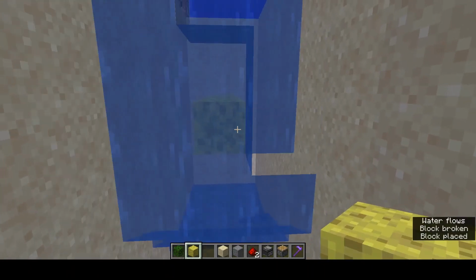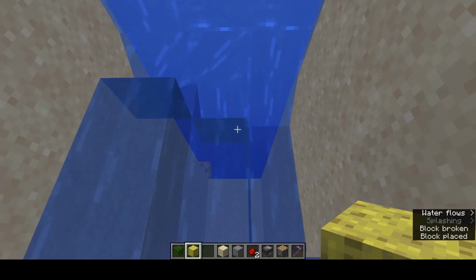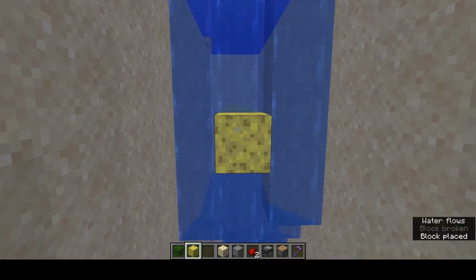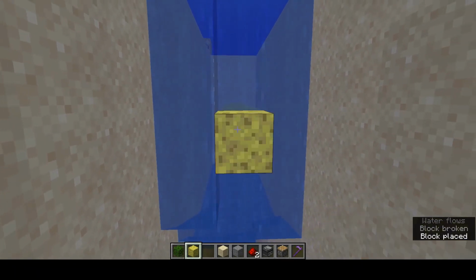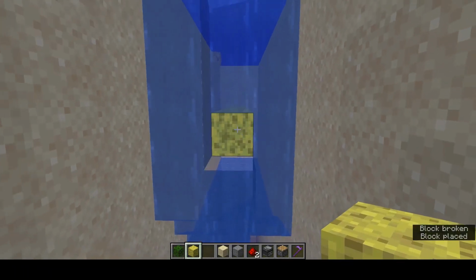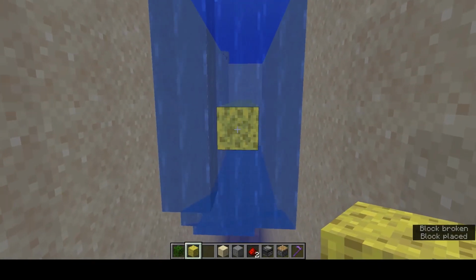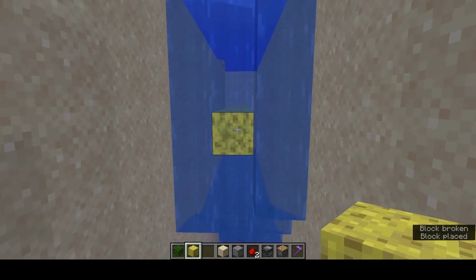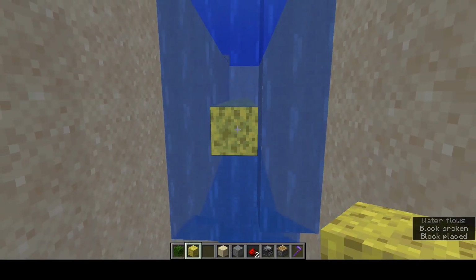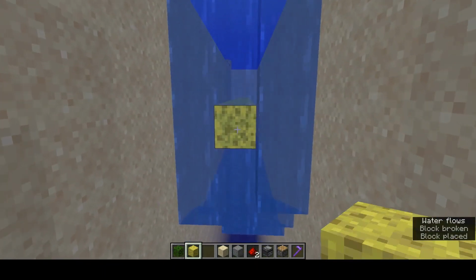Starting with the 3 wide, pretty inefficient, but if this is the way you want to go, then it's fine. You're going to be 4 blocks down when you start this line of sponges, and it's just going to be a solid line of sponges along the entire length of the channel. Speaking of the channel, it is imperative that it is parallel to the z-axis, because otherwise your sponge will not be as efficient.